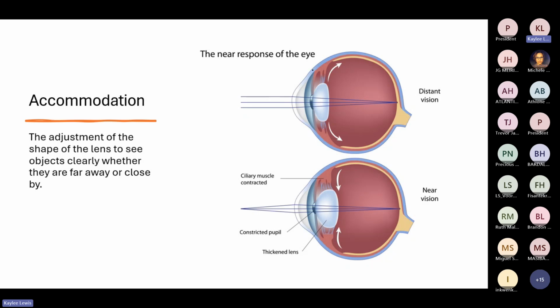So if we look at this situation over here, this is when we are viewing things far away. So our end goal is to get our lens less biconvex. So we don't want it to bulge out as much. If you look at this picture, you can see it's less biconvex.